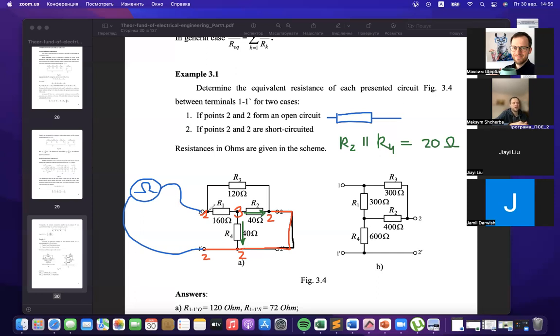Resistor 1 has a different voltage from all others. And you also see that here is a point where the current will divide, and this resistor also has a different current. Then it means that this resistor isn't in serial and also isn't in parallel with any other. So you cannot start from this resistor.